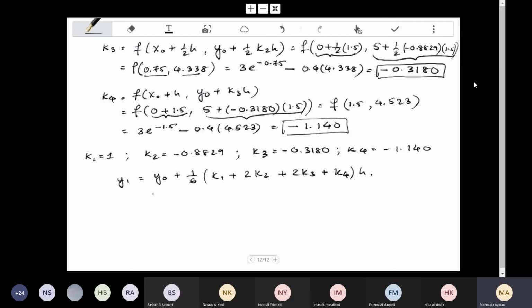So y0 is 5 plus 1 over 6 times, we have K1 is 1 plus 2 times K2, that's 0.8829, plus 2 times K3, which is minus 0.3180, plus K4, that's minus 1.140, and the whole thing multiplied by h, which is 1.5.